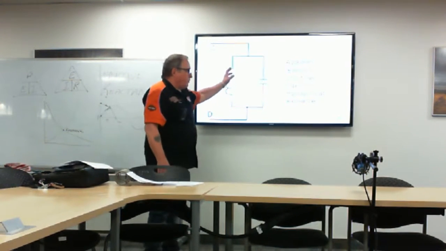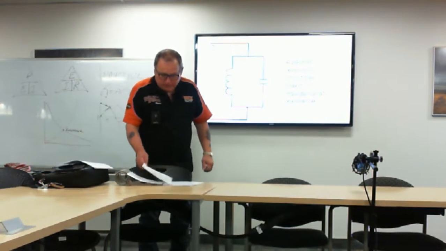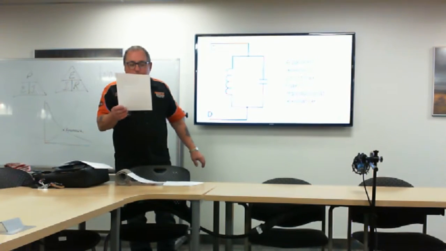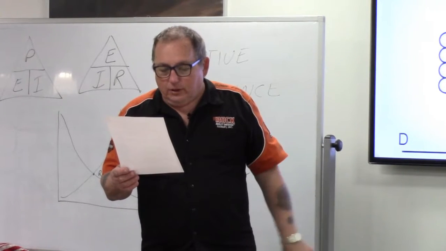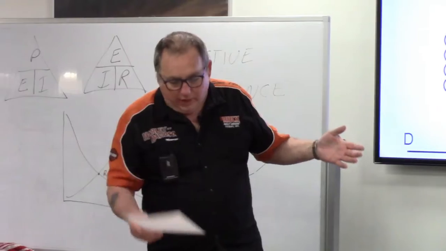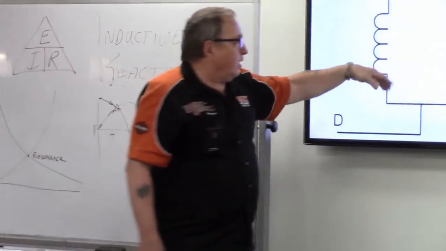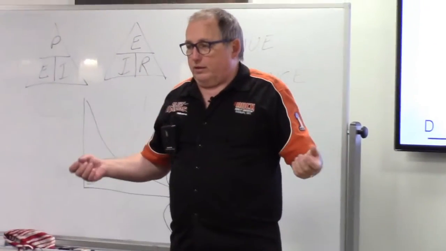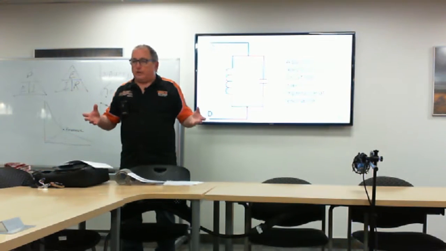The quality of this circuit is called the Q factor. It's how effective a tuned circuit will be in selecting only a narrow band of frequencies. That will depend on the quality of the materials and also how much resistance is in the circuit. The resistance will tend to broaden the band of frequencies that can come through.